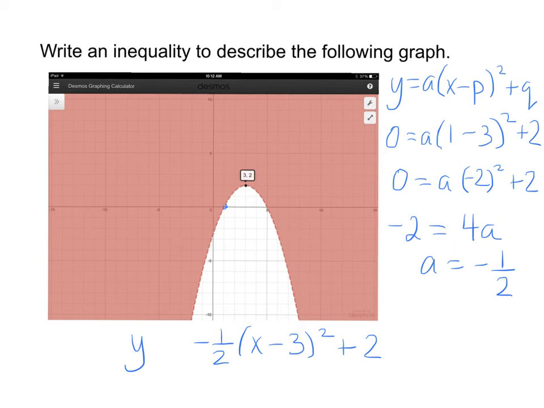If you want to do it algebraically, test a point. So again, 0, 0, I'm going to fill it into this equation. So 0 equals -1/2 times 0 minus 3 squared plus 2.